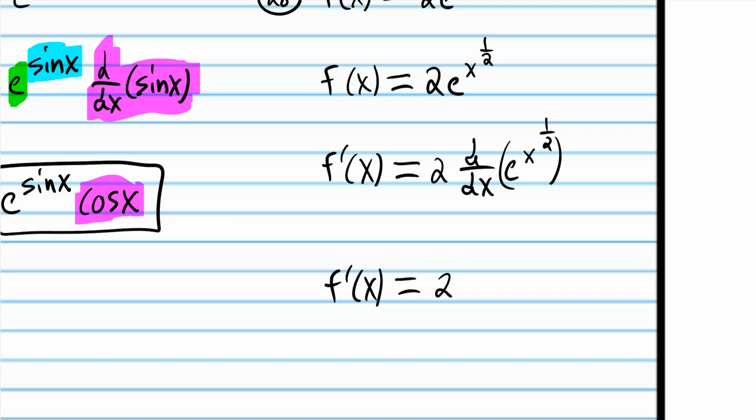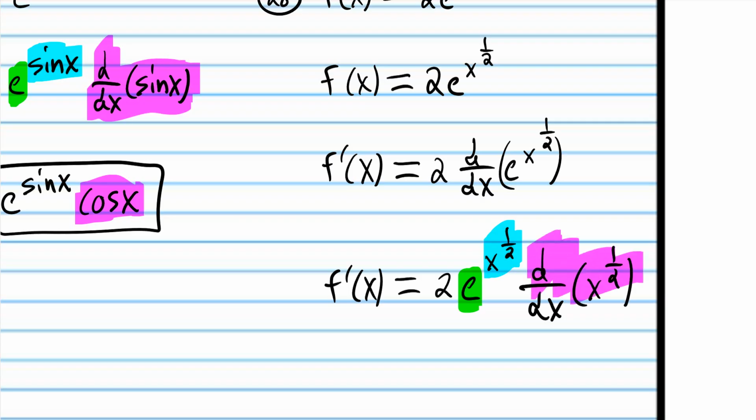So the derivative of the outside function, we need to find that. So that's just going to be e. But we have to keep the inside function unchanged, so nothing happens to that. But then we have to multiply by the derivative of the inside function. Again, that's the chain rule.